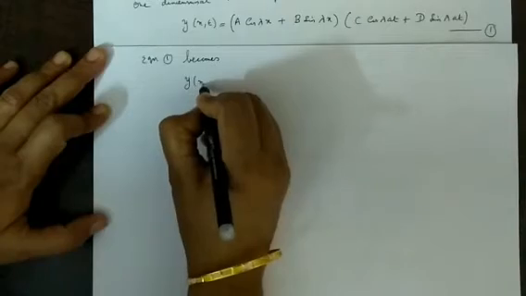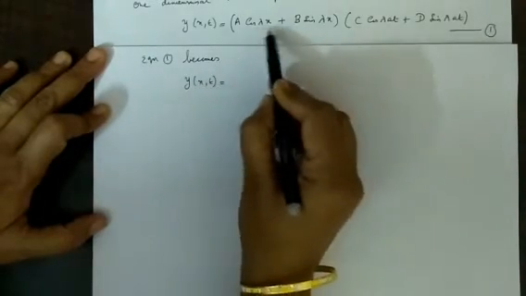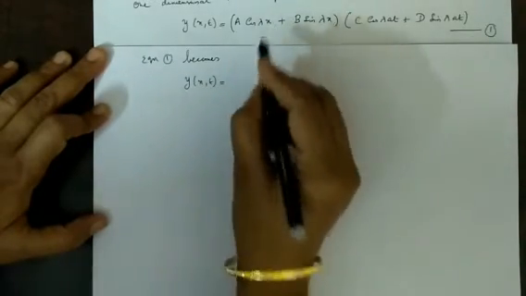Equation number 1 becomes y of x,t equal to, applying a equal to 0, this term eliminates.